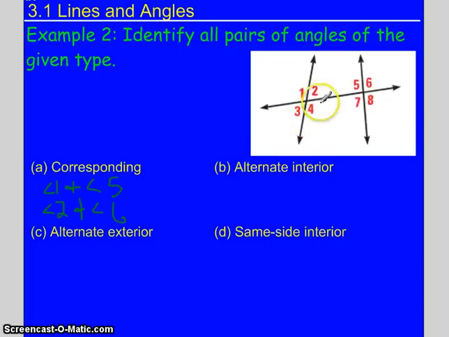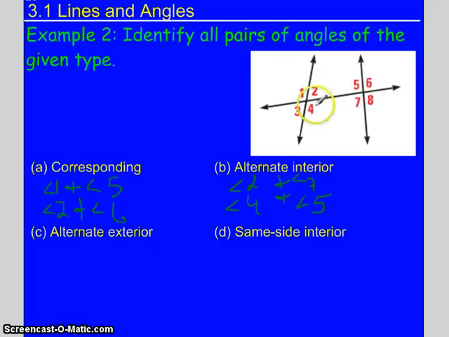Now alternate interior, well, I just want to pick one out to begin with, so I'm going to say 2. And if I go on the other side of the transversal and stay on the inside, it's going to match up with angle 7. So angle 2 and angle 7. There'd be one more set, which would be angle 4. And I go to the other side of the transversal, stay on the inside, would be angle 5.